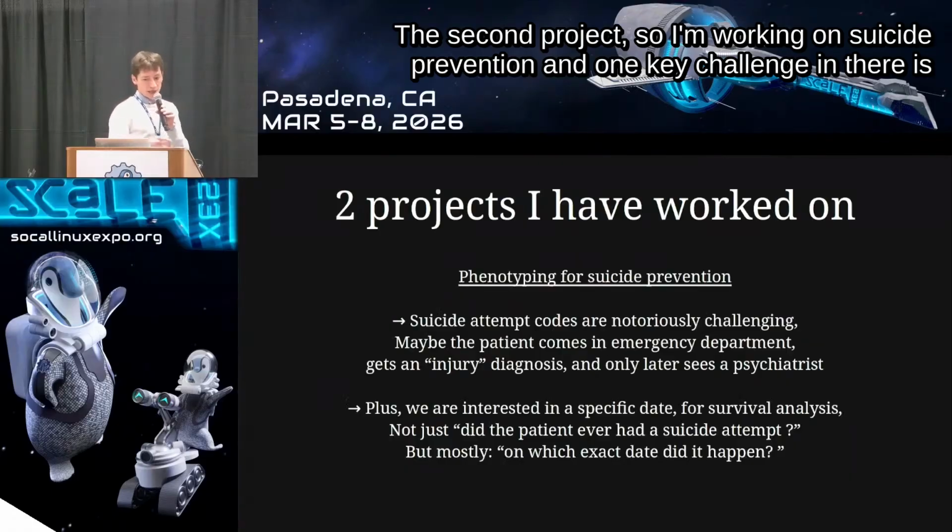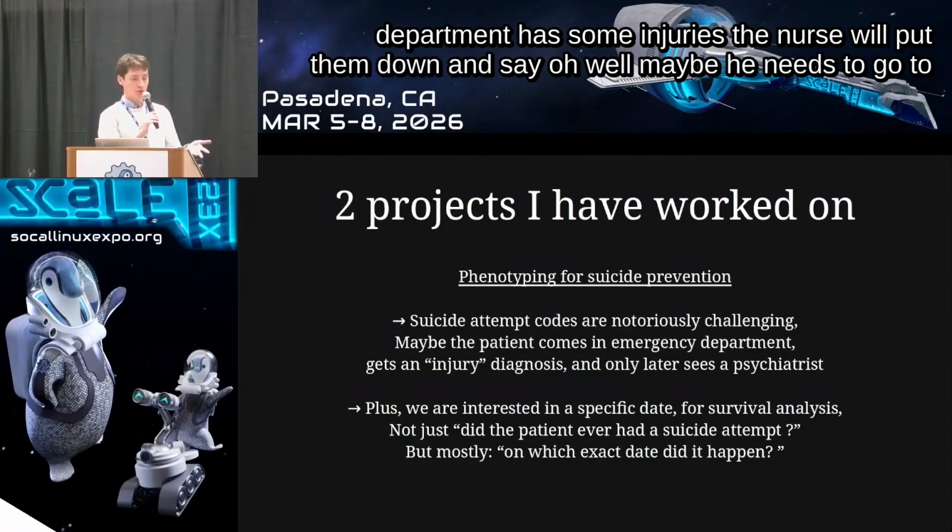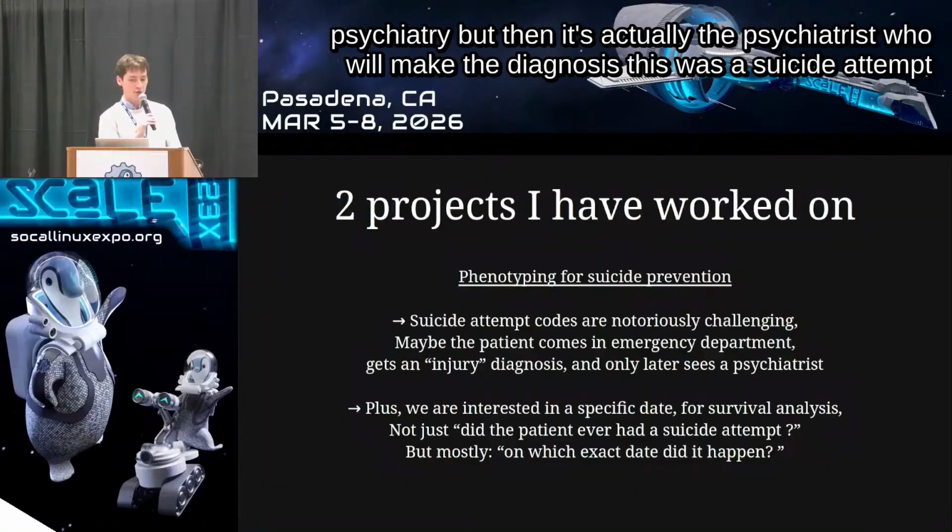The second project is on suicide prevention. One key challenge in there is that the codes are notoriously challenging. One example is that the patient will come into the emergency department with some injuries. The nurse will put down, oh, well, maybe he needs to go to psychiatry.